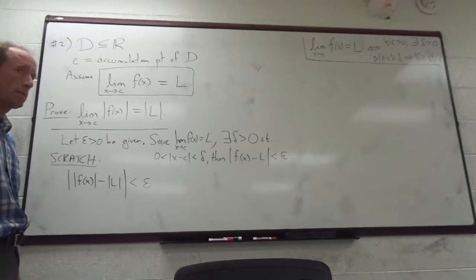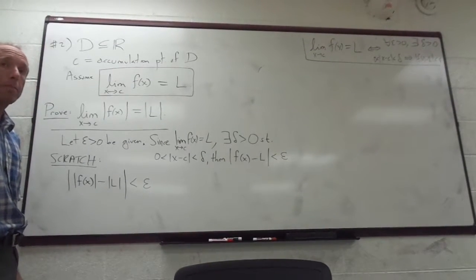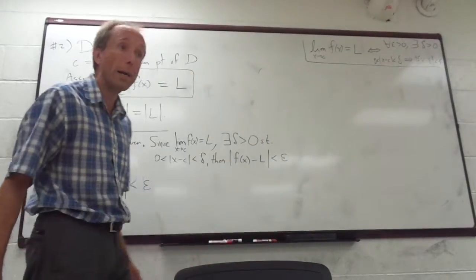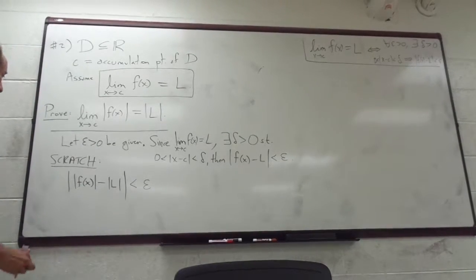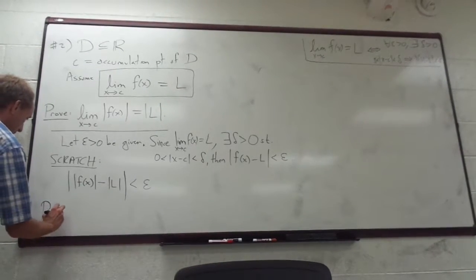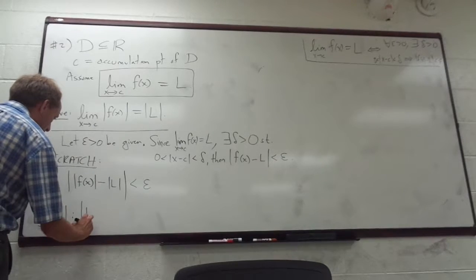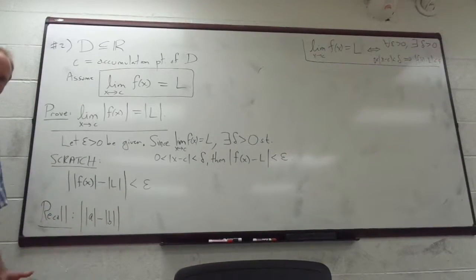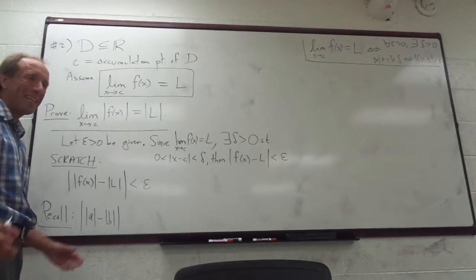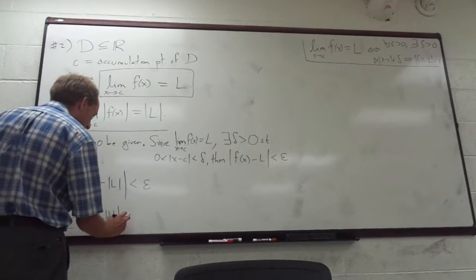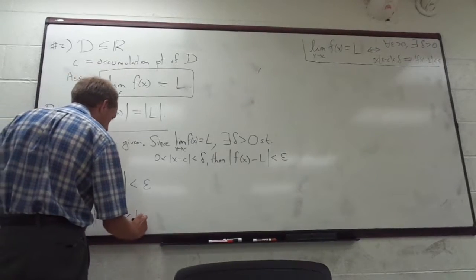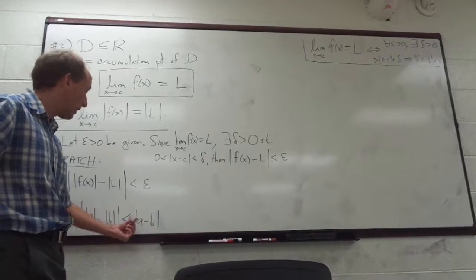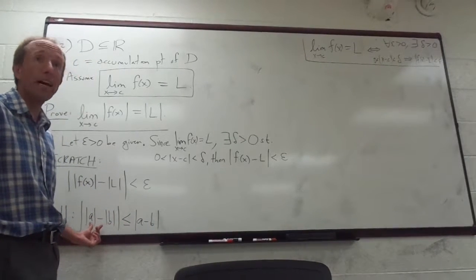We use the triangle inequality. I have a corollary back in chapter 2 that says, if you take the absolute value of the difference of absolute A minus absolute B, that's less than or equal to just the absolute value of A minus B. So the difference between 2 points can only get smaller if you take their absolute values.